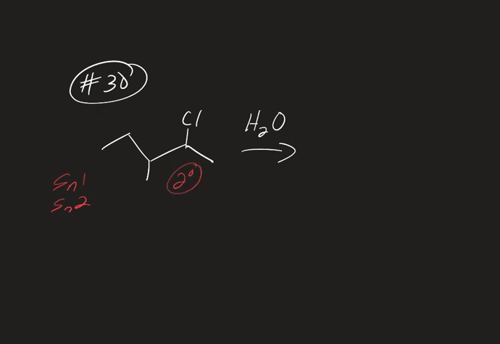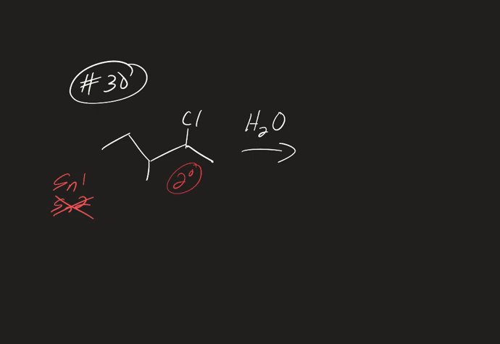So now we're going to look at the nucleophile or the solvent. In this case, the solvent is water. Is water reactive or unreactive? Unreactive. So does that make you think SN1 or SN2? SN1. Because SN2 wants a reactive nucleophile, right? Things that are charged. So okay, now we're thinking SN1.